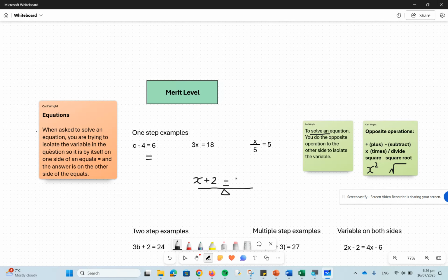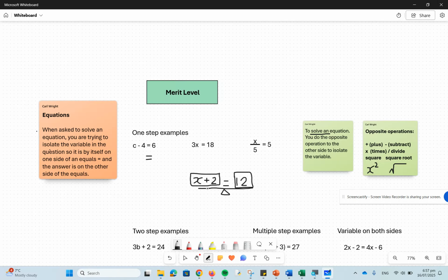Now on this side I'm going 12. So here's our seesaw. We know that x plus 2 equals 12, and at the moment this here equals this here. It's balanced. Now we want x by itself.